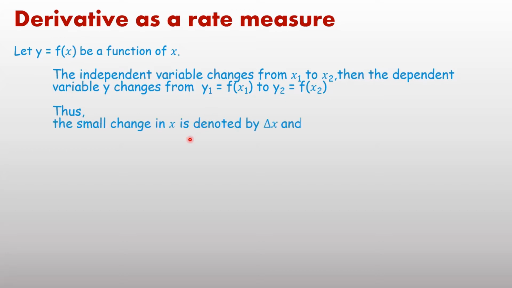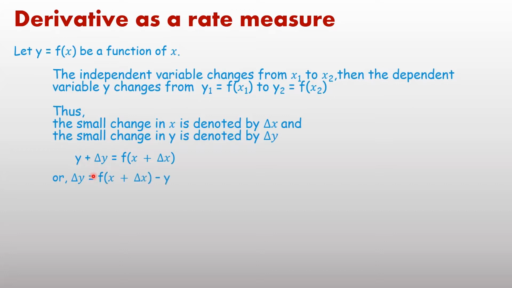It implies a small change in x we denote by delta x, and a small change in y is denoted by delta y. Then y plus delta y is equal to f(x plus delta x). If there is a change in x as x plus delta x, then y will also change as y plus delta y.